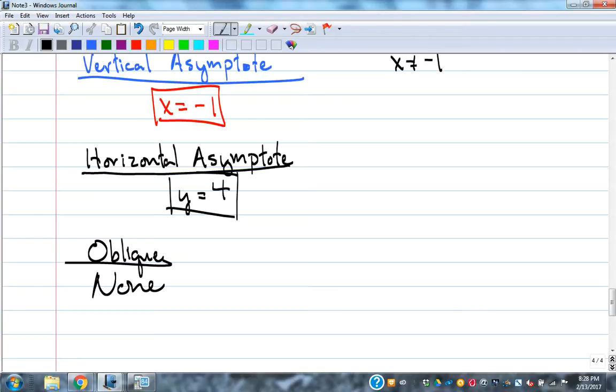If the numerator's degree is more than 1 bigger than the denominator's degree, like x to the 5th power over x squared, then there's no horizontal and no oblique. Obliques only happen if it's like x cubed over x squared or x squared over plain x. That's the only time obliques happen.